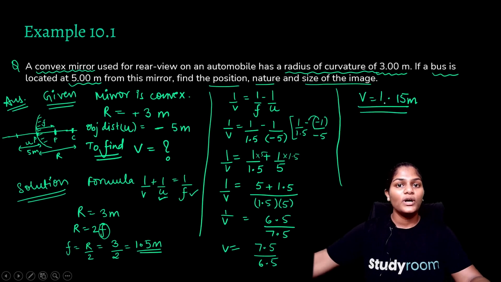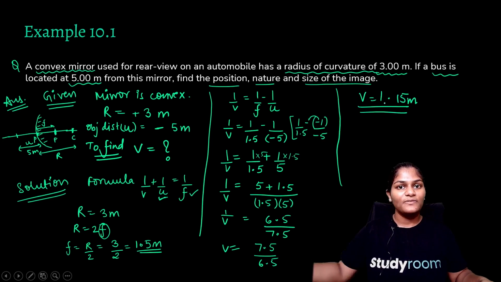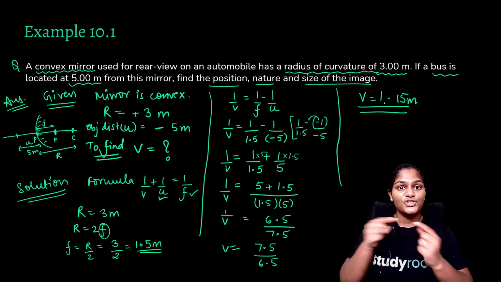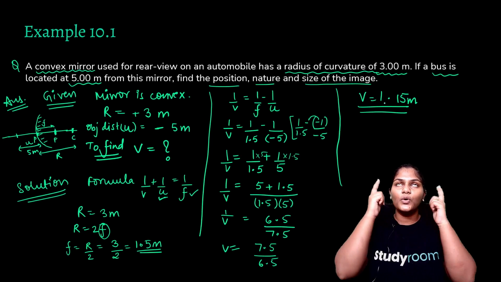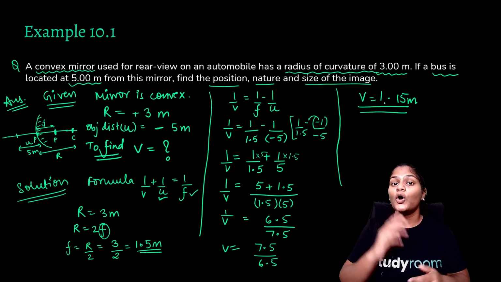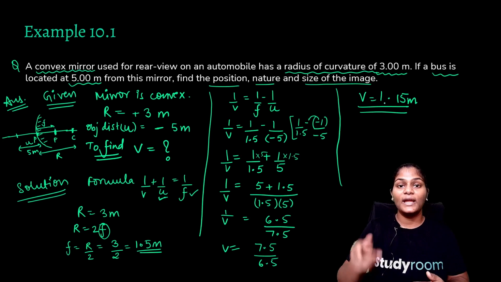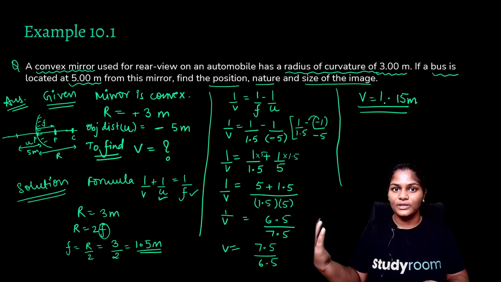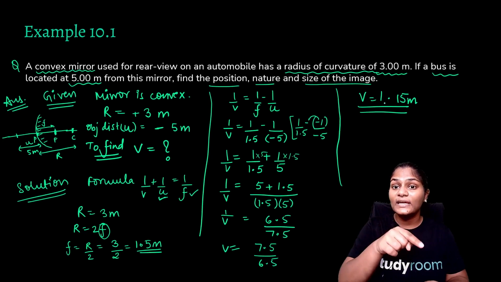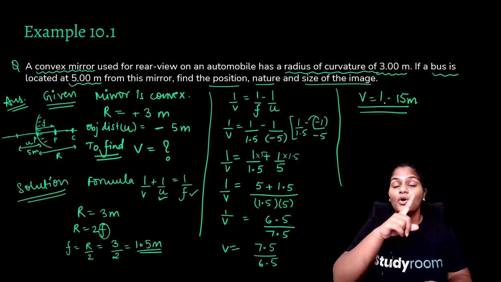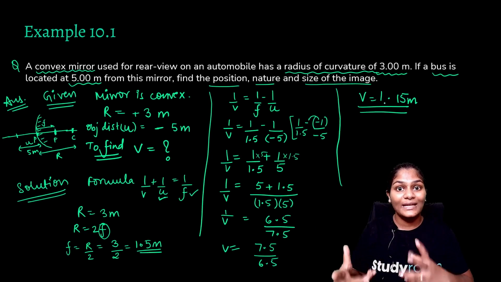And now you use your previous knowledge and see, does it match with the answer that we have gotten? We know, in the case of a convex mirror, always a virtual and erect image is obtained, and it is always behind the mirror. And if it's behind the mirror, look at the diagram, what is going to be the sign of V?